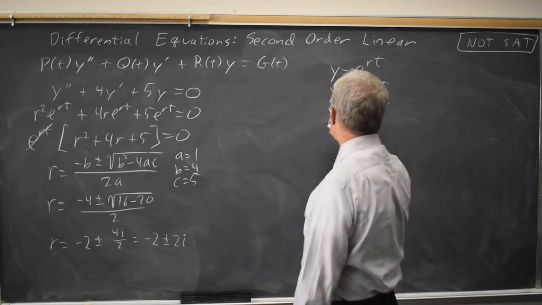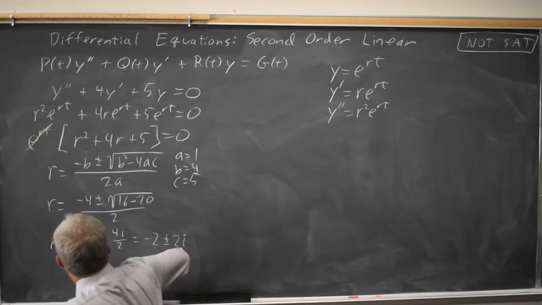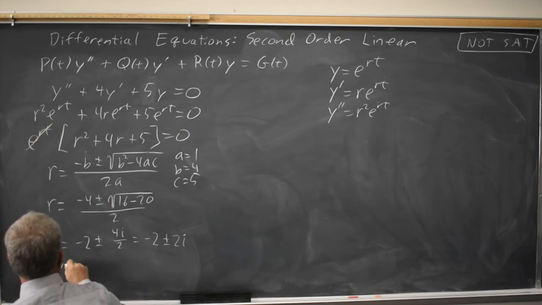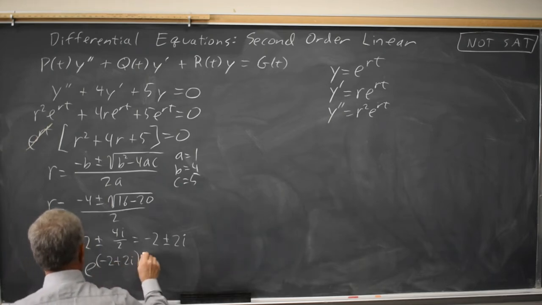Our solutions are y equals e to the rt. I'm just going to take the plus solution, so y equals e to the negative 2 plus 2i t.